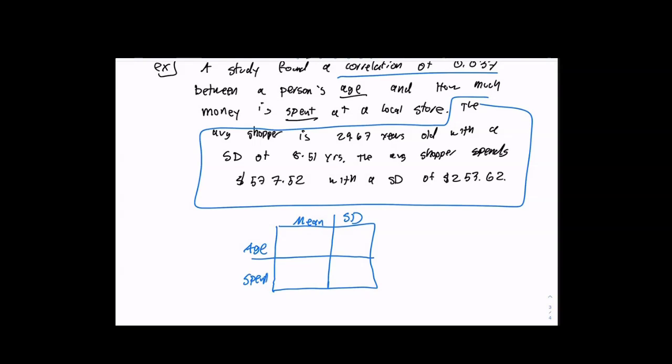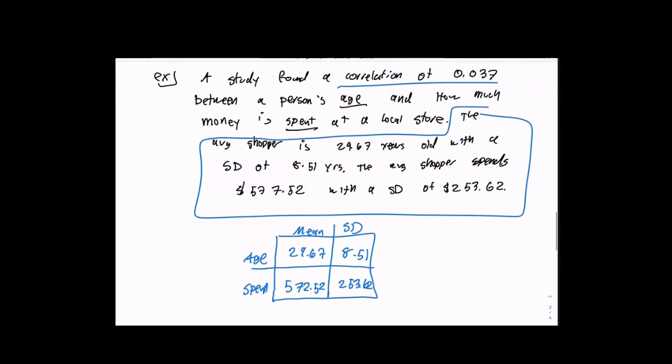And let's see, so the average age is 29.67, 8.51 standard deviation, 572.52, and 253.62.